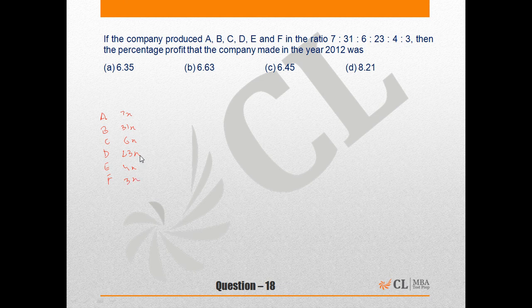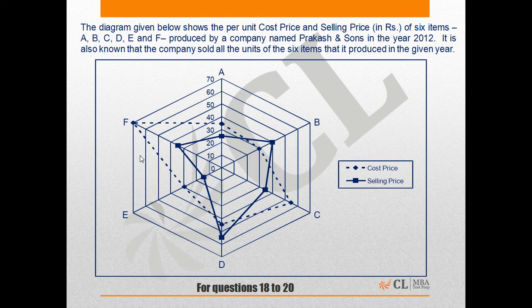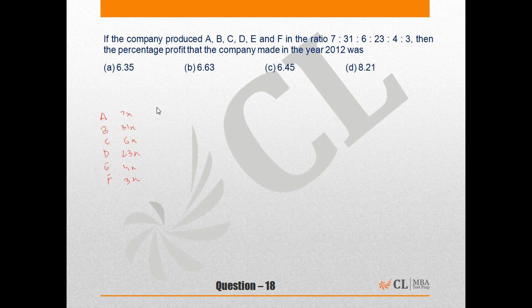Now let's see what is the cost price of each of these items. The cost price of A is 35, B is 30, C is 55, D is 45, E is 30 and F is 70.